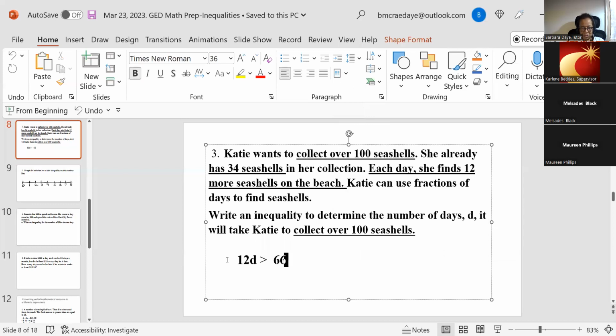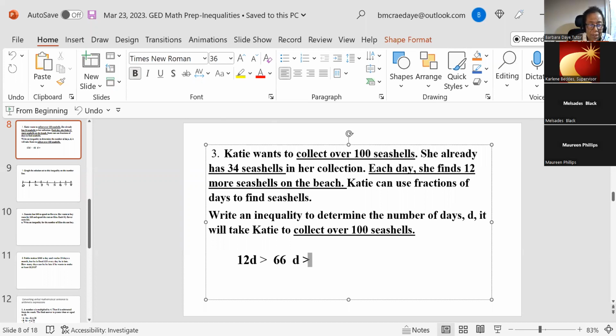No, no, Mercedes. Divide. 12D is a multiplication, 12 times D. So you divide, right? Stop getting those divisions mixed up with the subtraction and addition. I divided on my calculator already.